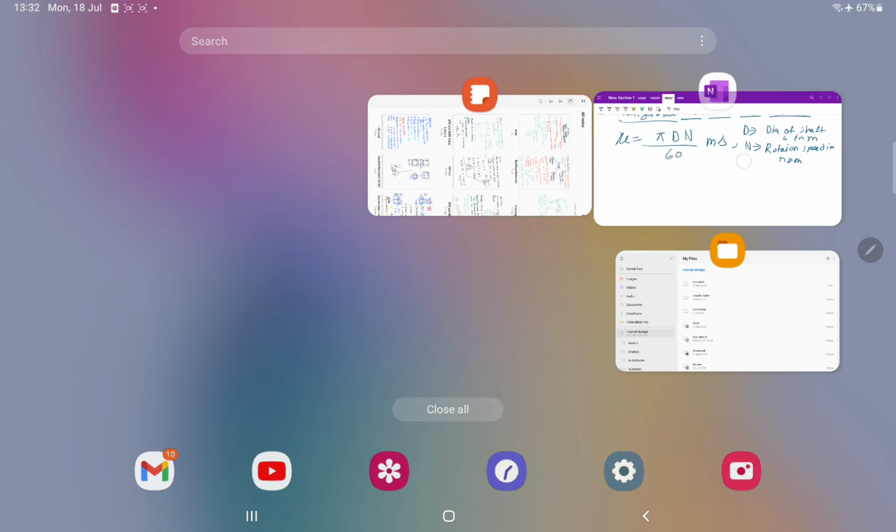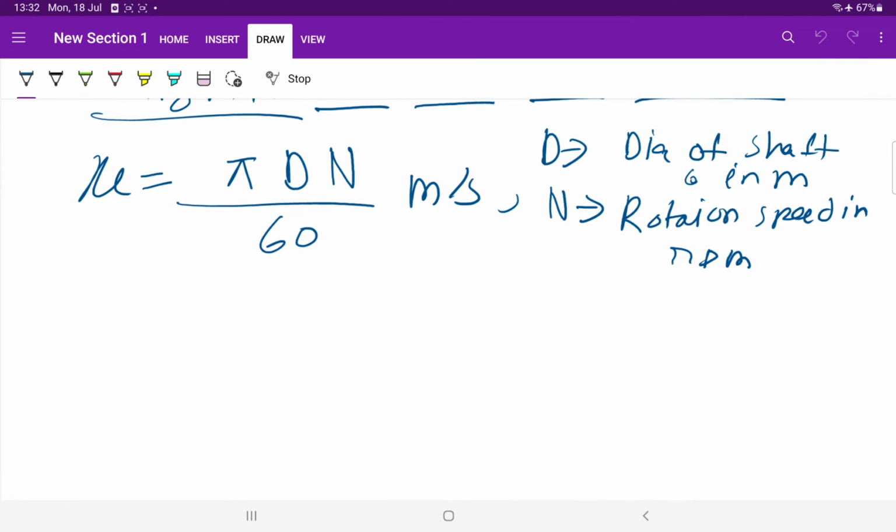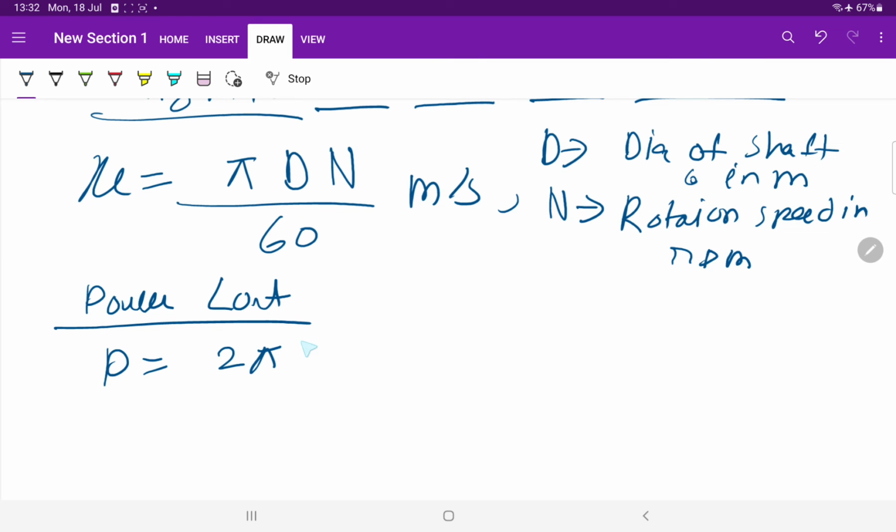Okay, for power loss, the formula which will be used is P equals to power. I'll just write the formula once because you need to know it. So power lost, P is equals to 2 pi n T by 60 watt.